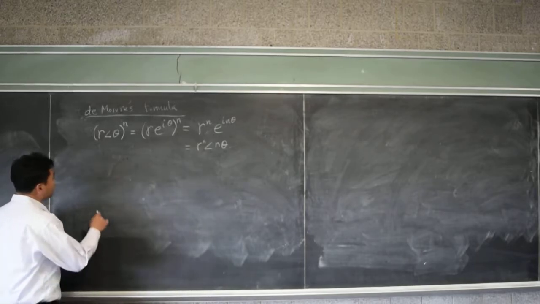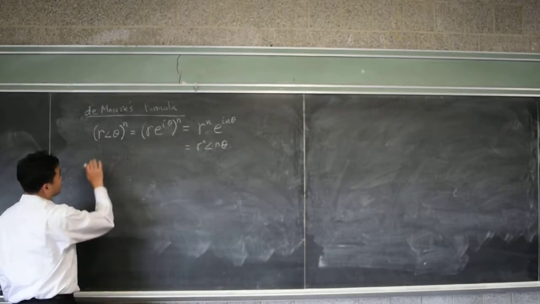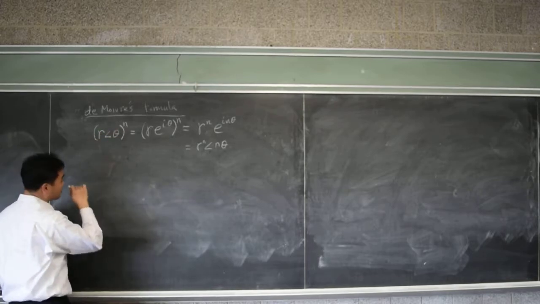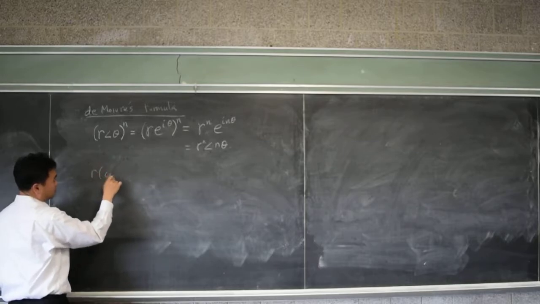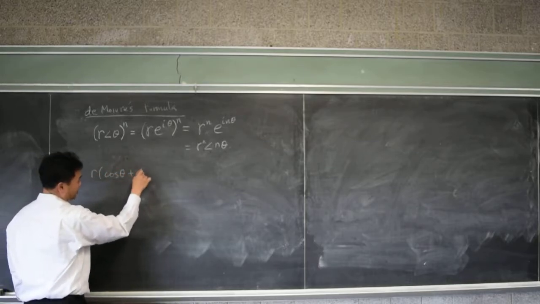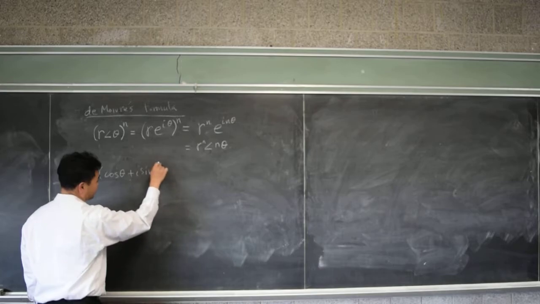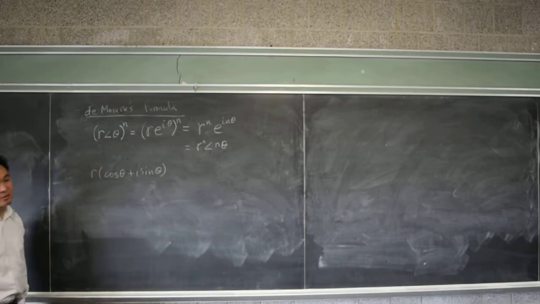Now, because a lot of books don't use this notation, they would usually write it as r times cosine theta plus i sine theta, rather than this.